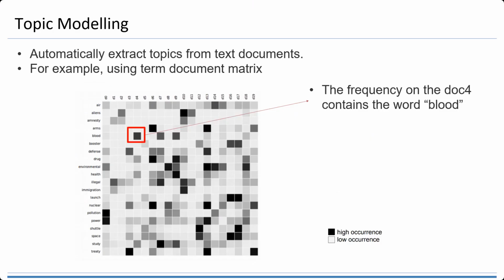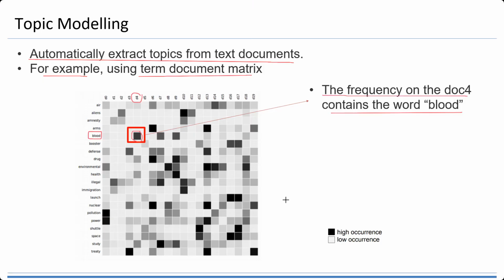Usually we use this kind of matrix, or if you learn from data science, we have the heat map. Okay, so this kind of heat map will give you some idea how to make the topic. Okay, so automatically extract topics from the text document, for example using the term document matrix. So in document 4, the word blood. Okay, so the frequency in document 4 contains the word blood.